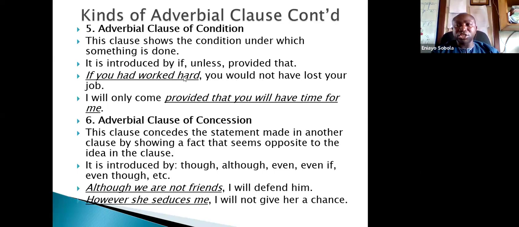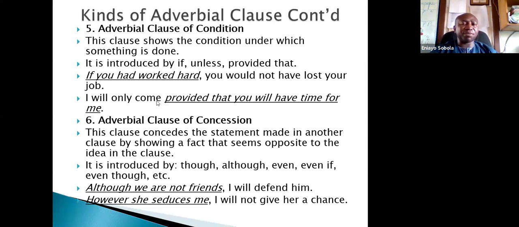That's the condition in which the losing of job was done. If the person had not done that, the job would not have been lost. So if the person being referred to had actually worked hard, he wouldn't have lost the job.